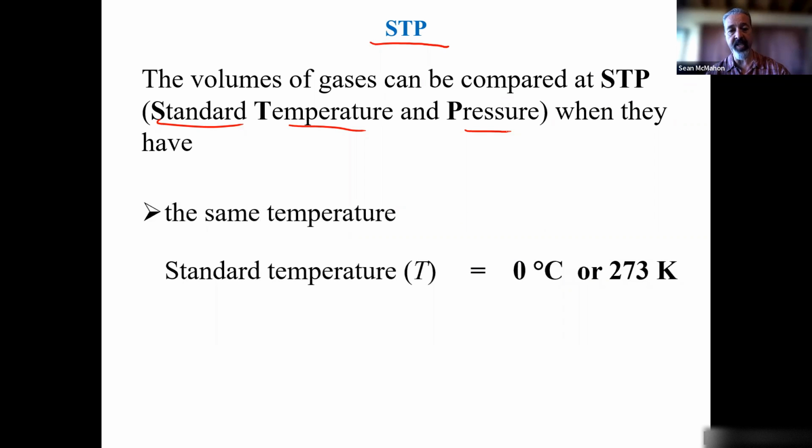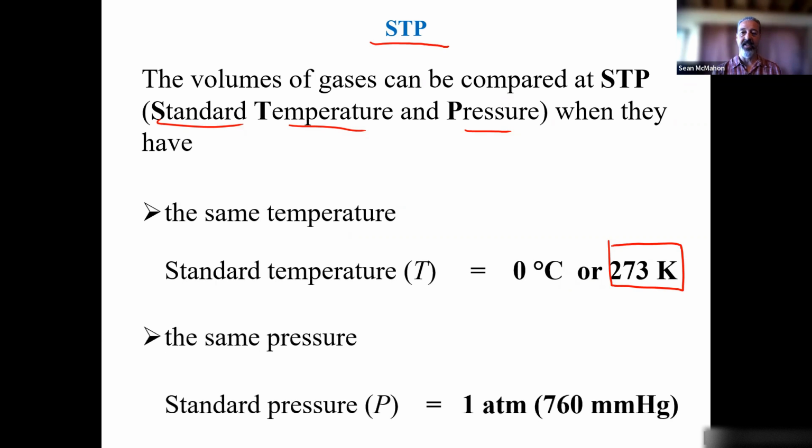The standard temperature is 0 degrees Celsius. Remember, with gases everything's in Kelvin. Whenever you see temperature in a gas problem, change it to Kelvin, always, okay? That'll get you a couple points. Standard pressure is 1 atm. So STP, your standard temperature and pressure, are 273 Kelvin and 1 atmosphere.